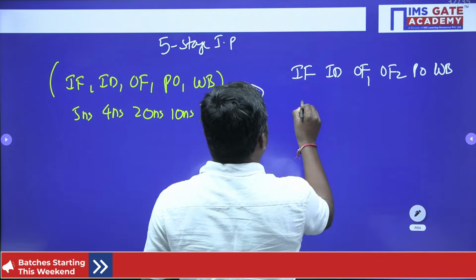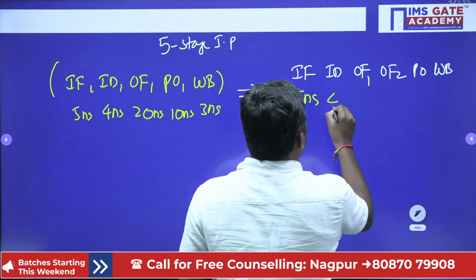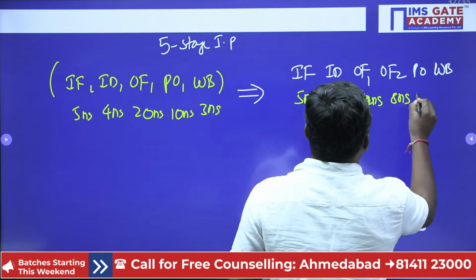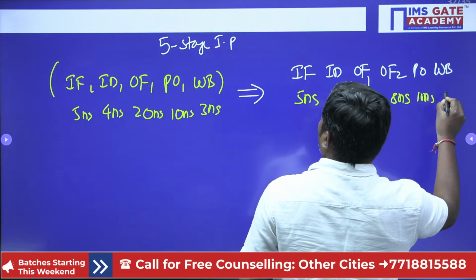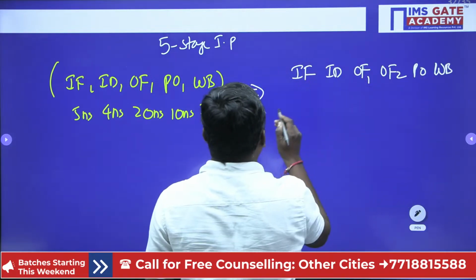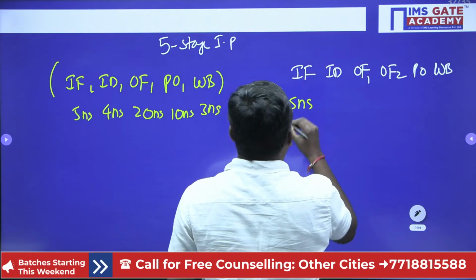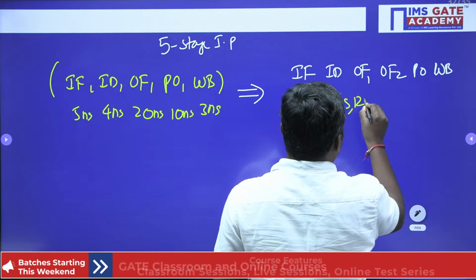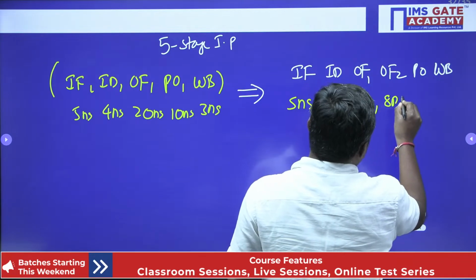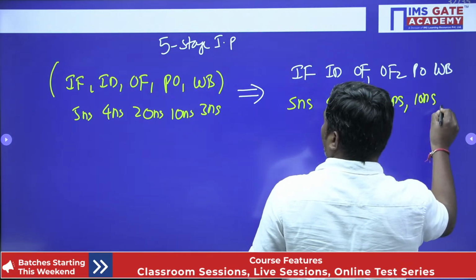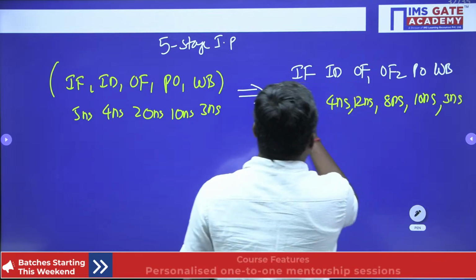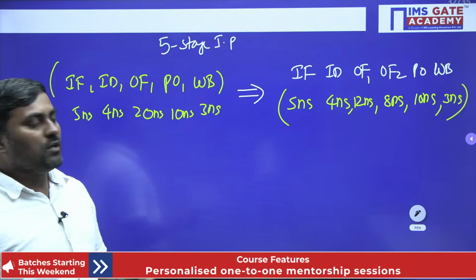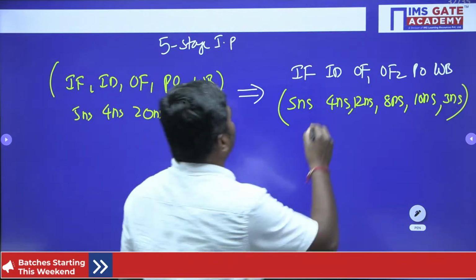The stage delays: 5 nanoseconds, 4 nanoseconds, 12 nanoseconds, 8 nanoseconds, 10 nanoseconds, which we already know, and 3 nanoseconds. How many stages now? 6 stages.